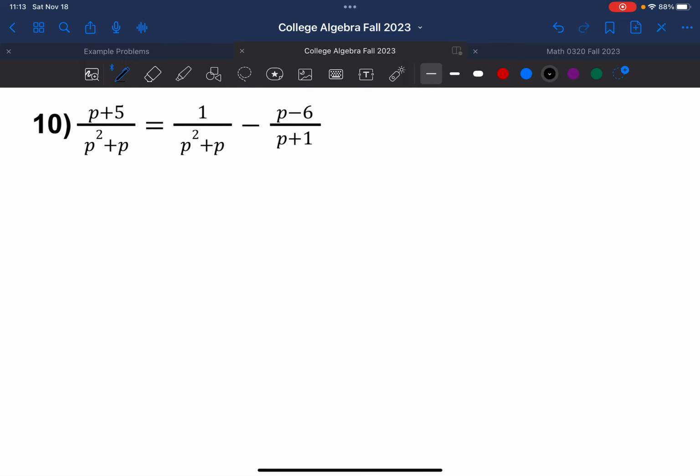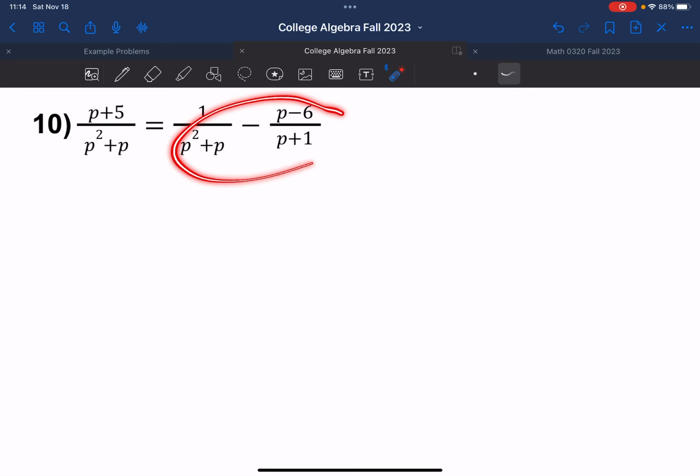Number 10, we're going to go ahead and do together. And same thing, we want a fraction equal to another fraction. So notice this time that we have these two that are matching denominators.